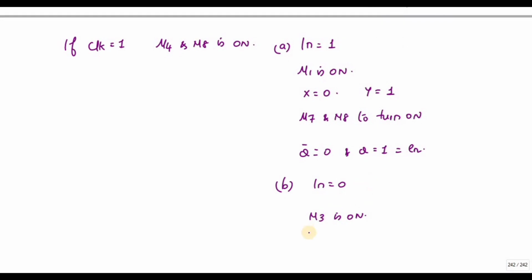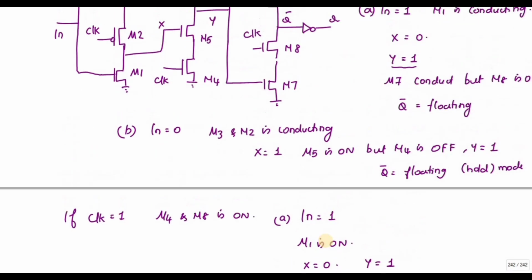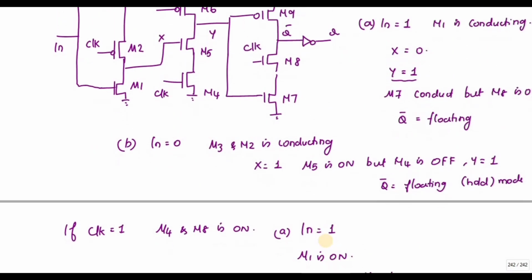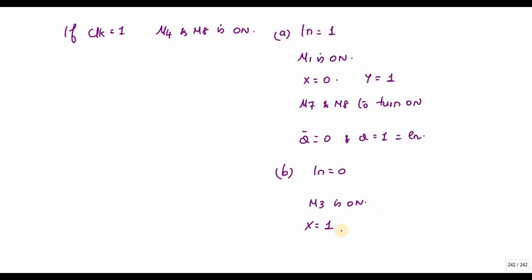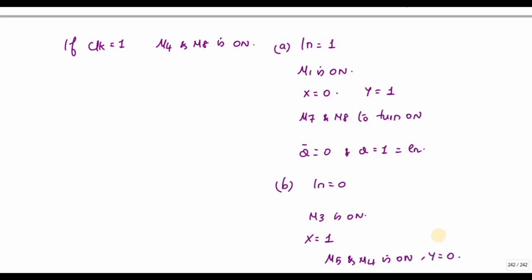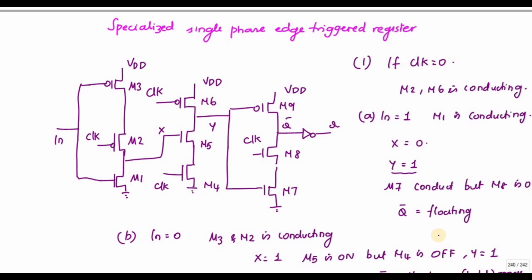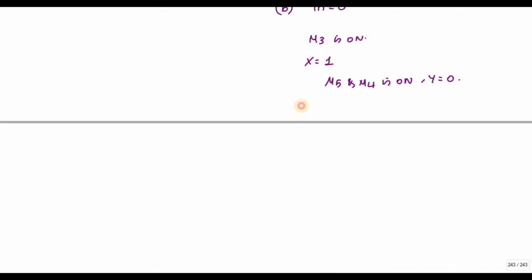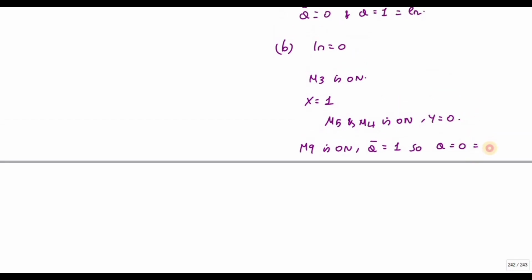X is equal to 1. Since X is 1, M5 and M4 are on. This will make my Y go to 0. If Y goes to 0, M9 will turn on. So my Q bar value becomes 1, so Q is equal to 0. That is nothing but your input.